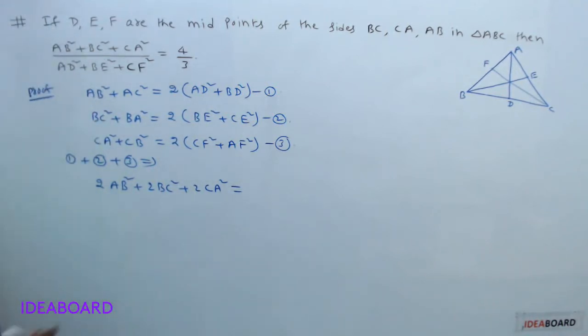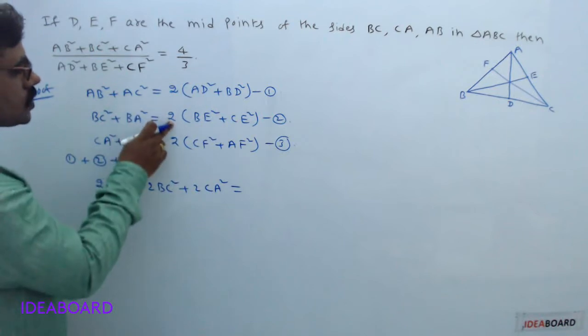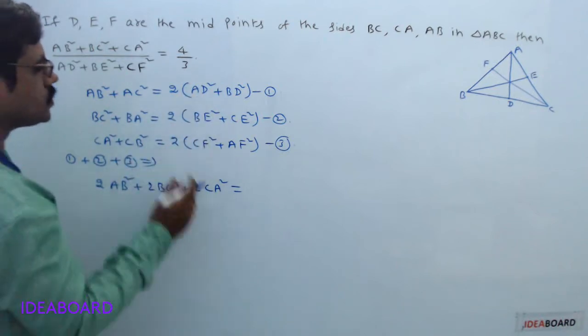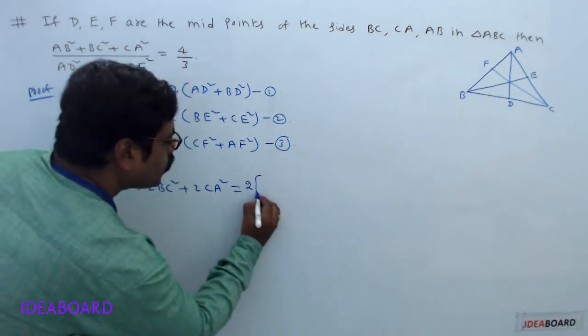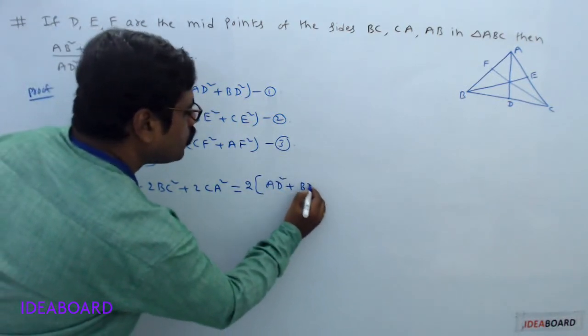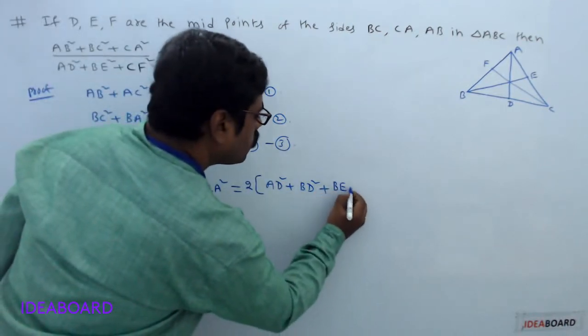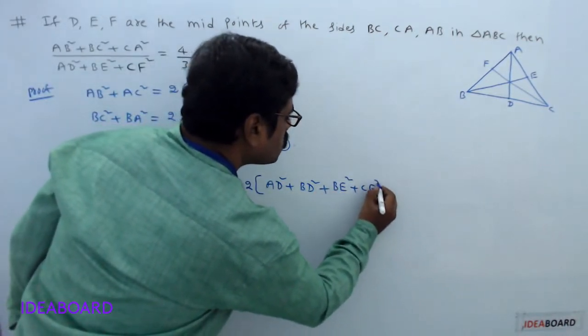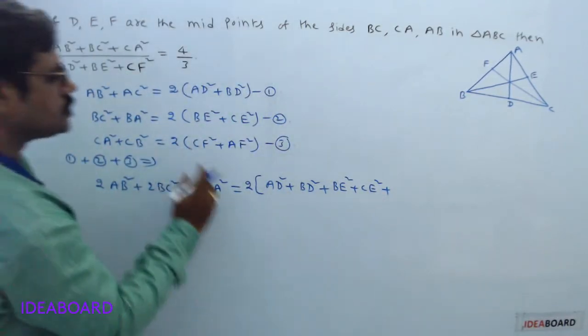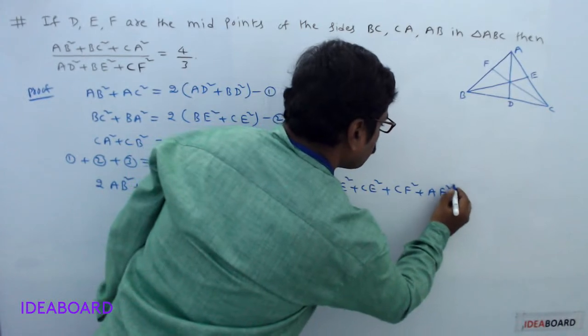Now this equal to, now add the right hand side expression. 2 is common factor in all the 3 terms. So it will be 2 into AD square plus BD square plus BE square plus CE square, then CF square plus AF square.